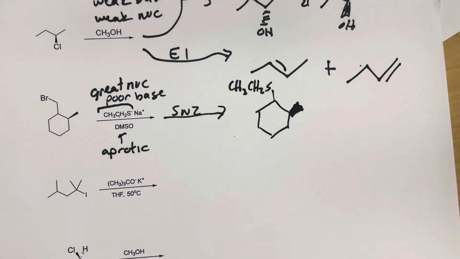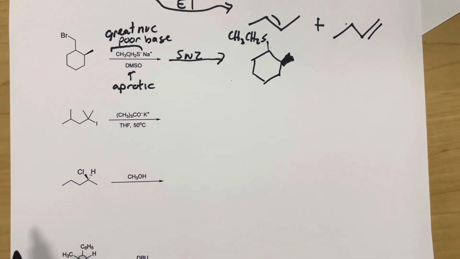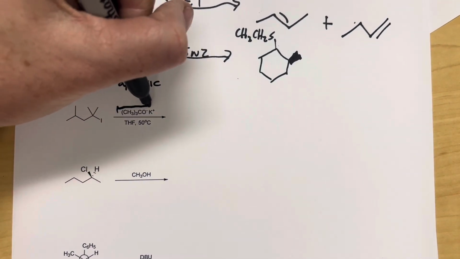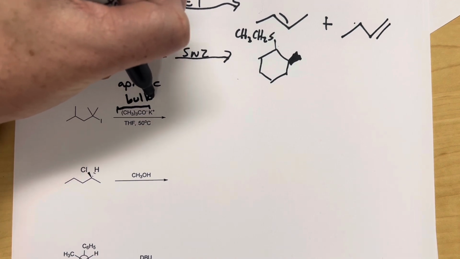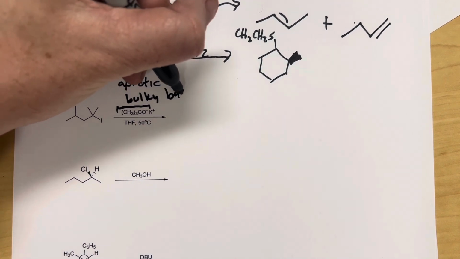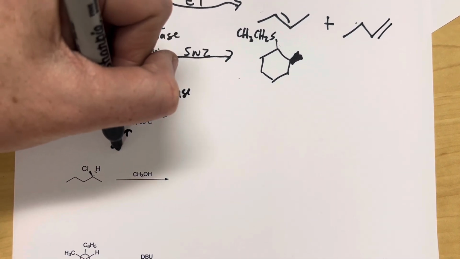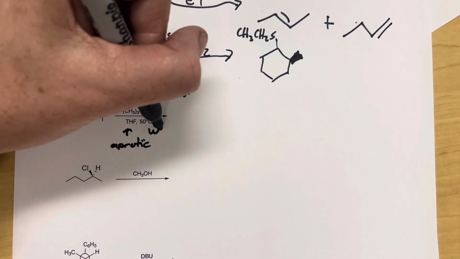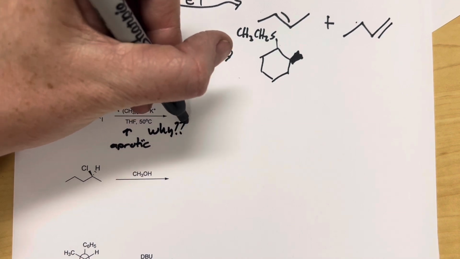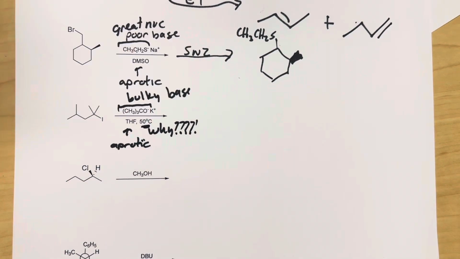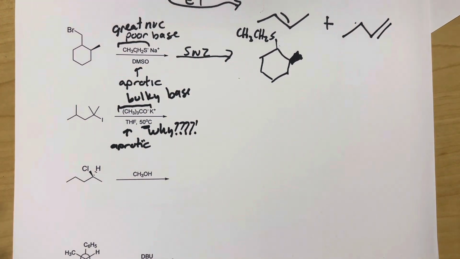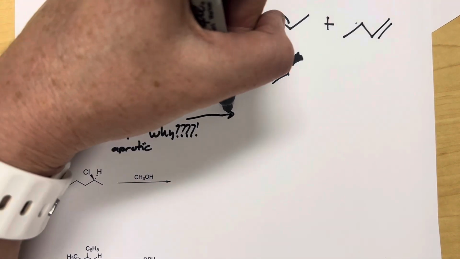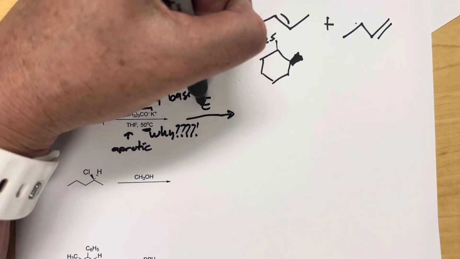All right, now let's keep going. Oh, I spot it. Do you guys spot it? I see a bulky, strong base. It's an aprotic solvent, and it's got a temperature there to scare you. But it doesn't matter. We see a bulky base, and we immediately know a bulky strong base is going to go via E2.